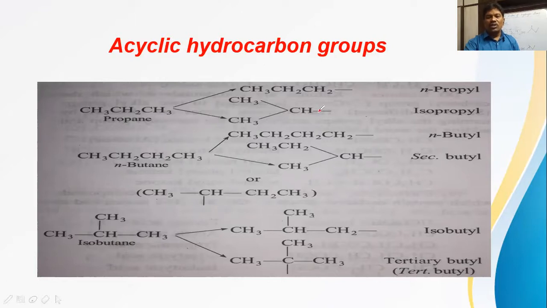The removal of hydrogen is shown in the form of a free bond here. Is this free bond on the last carbon or the last but one carbon? On the last but one carbon it is there. So we have given the special name here, isopropyl group. Isopropyl group is obtained by the removal of hydrogen from the middle carbon. N-propyl, normal propyl group, is obtained by removal of hydrogen from any one terminal carbon.